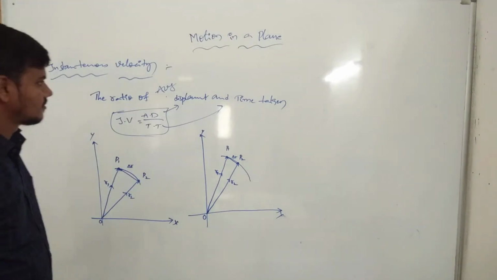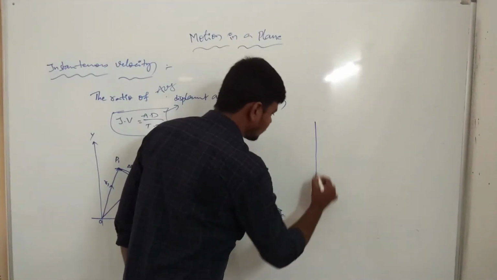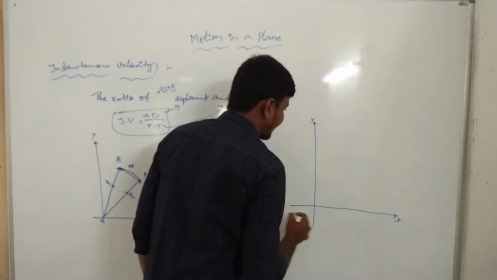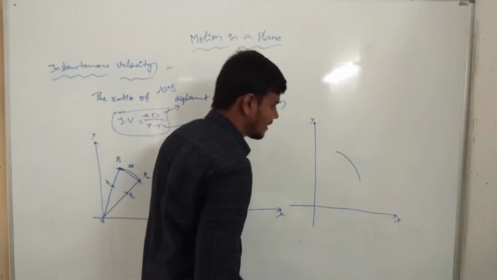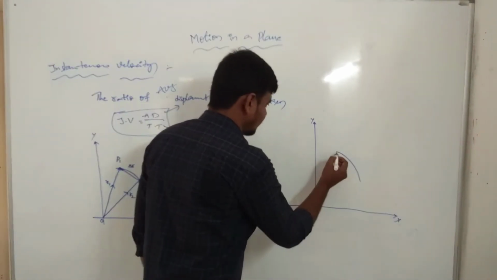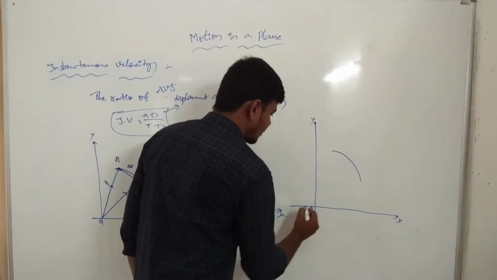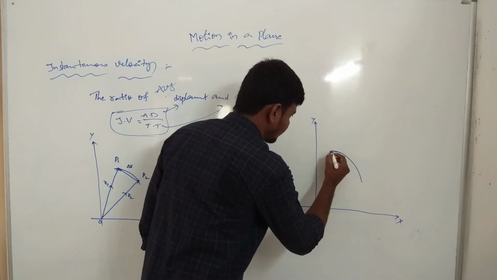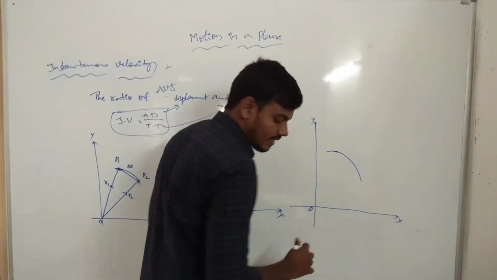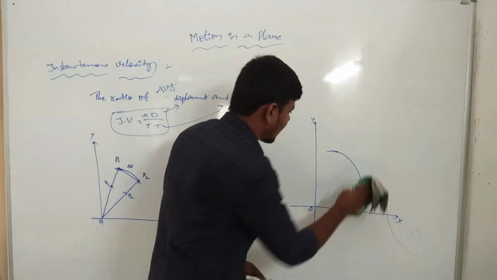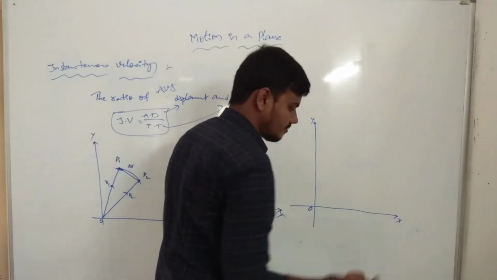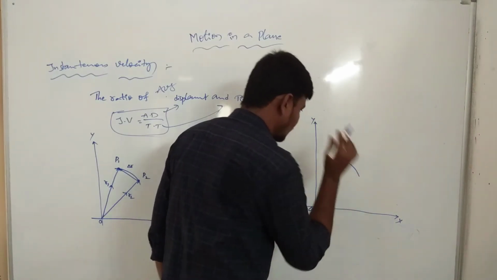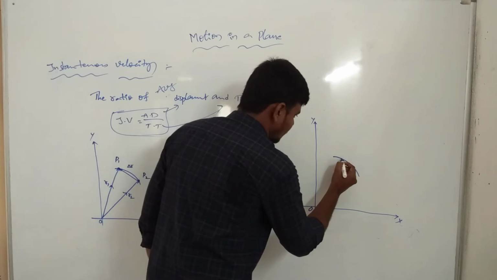Now third graph, x-axis to y-axis. The same arc continues. The position is going to R. Now this is the position P1.